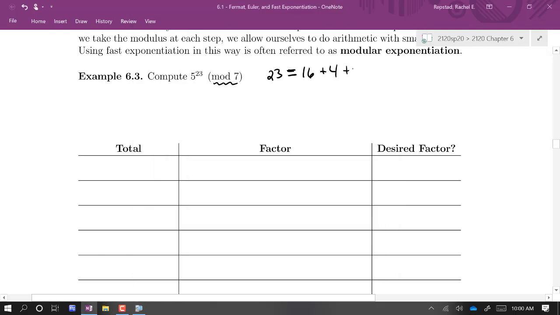We've got 3 left, so then 2 and 1. So there it is as a sum of powers of 2, and that means that 5 to the 23rd power is 5 to the 1st times 5 squared times 5 to the 4th times 5 to the 16th power. So these are our desired factors.